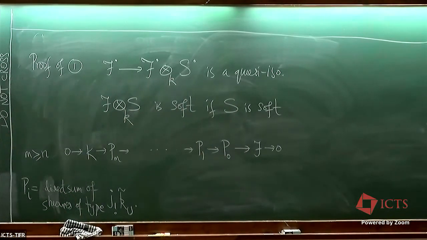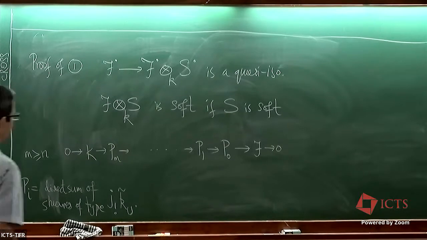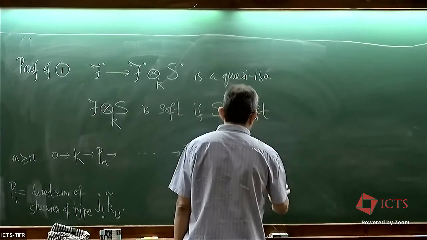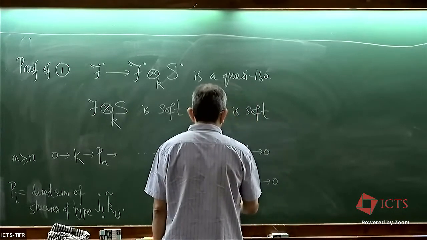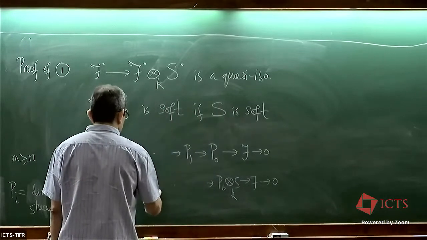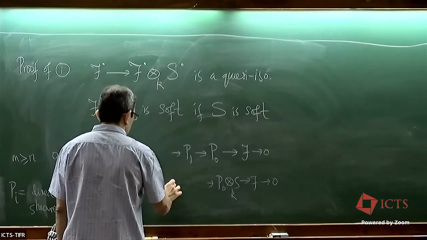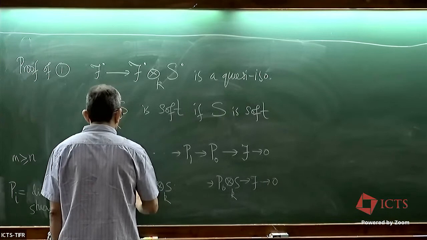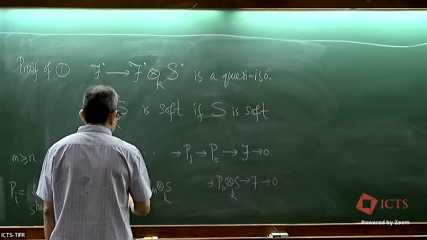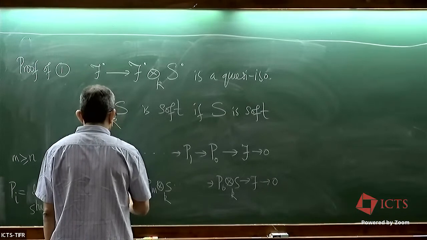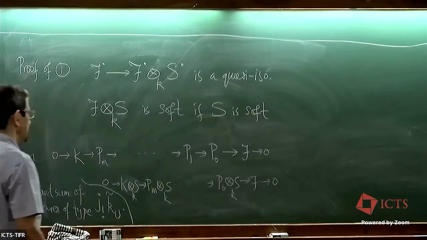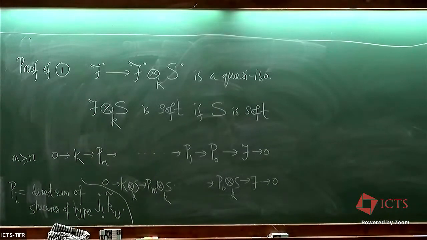So to check that this is soft, I will tensor this with S. And so you have F, then P_0, P_m tensored with S, and F tensored with S, and then 0. I have an exact sequence like this because I am tensoring over the field.